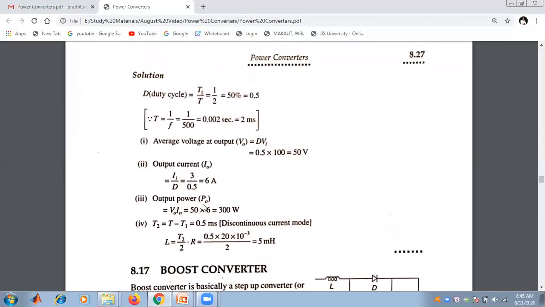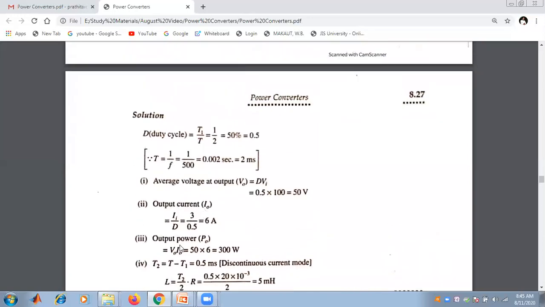The output power that we have to find, that is P0, is V0 into I0, where V0 that we have obtained is 50, and I0 that we have obtained is 6, so 50 into 6, that is 300 watt. The last one is the minimum value of the inductance.